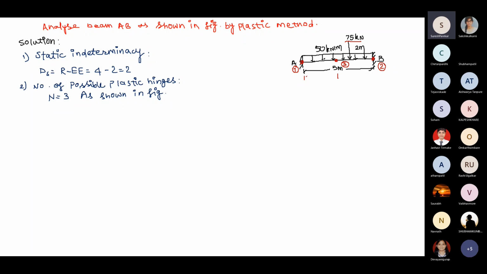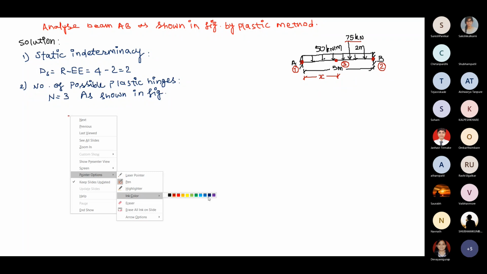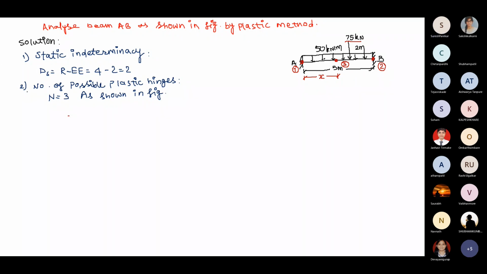And third will be at a distance x. And then number of plastic hinges required for collapse.